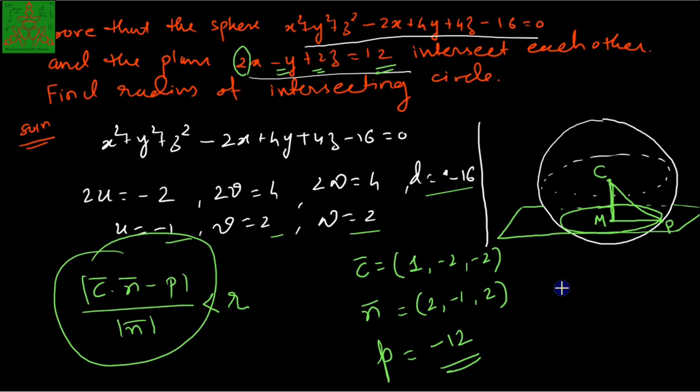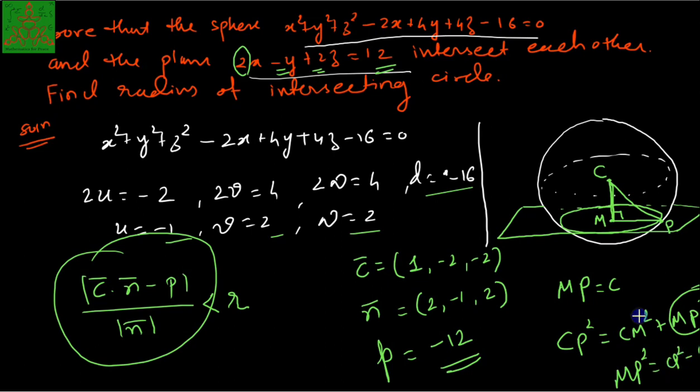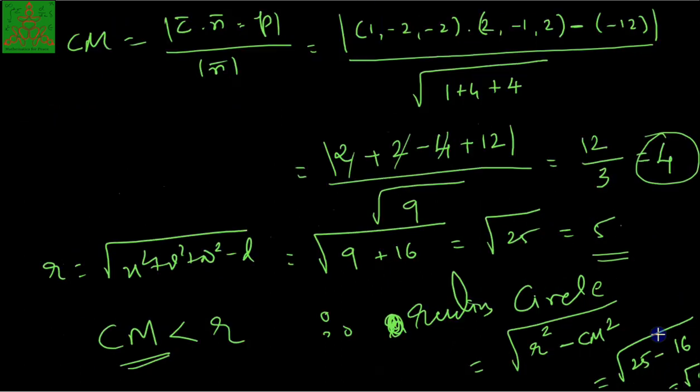I want to calculate MP, which by the Pythagoras theorem in the triangle CMP is, CP square will be CM square plus MP square, and I want the value of MP, so MP square will be CP square minus CM square. So as we have 25, that is r square, minus CM square, that is 25 minus 16, equal to 9, so MP is 3. So the radius of that circle will be 3.